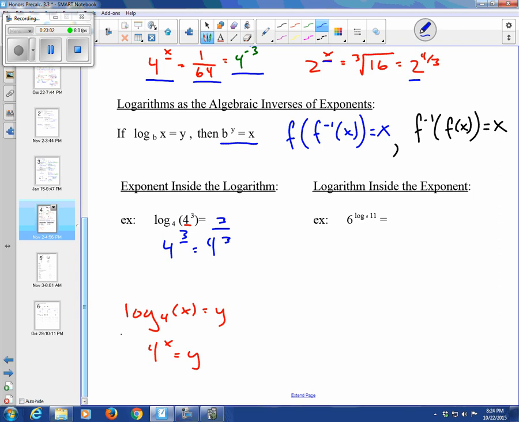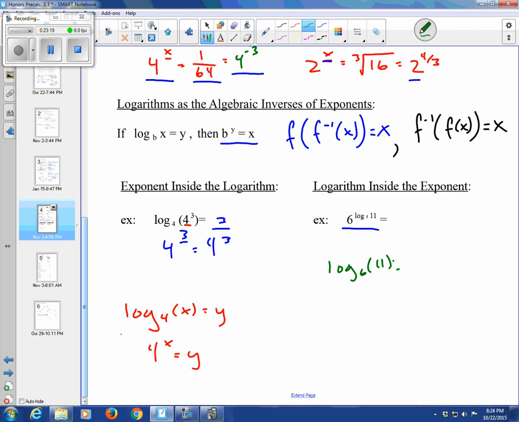Now, a little bit trickier to see is going to be when we have a logarithm actually in the exponent. So right here, we have 6 to the log base 6 of 11, right? And this is an inverse relationship. Now, what we want to think here is, what is log base 6 of 11?